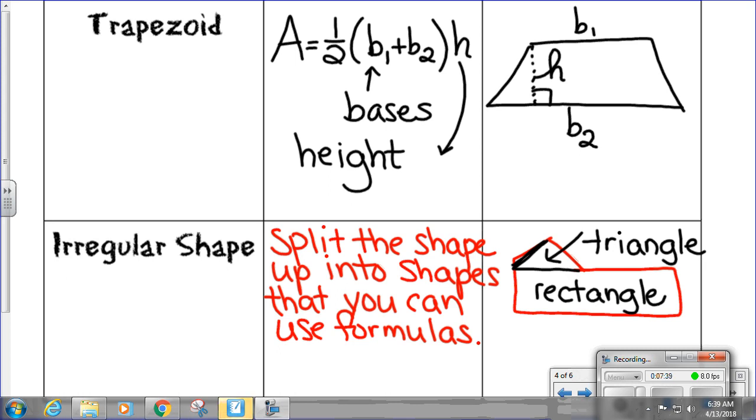And then I would add those up. So once you find the areas of the separate shapes, you add their areas together to get the total area of the irregular shape.